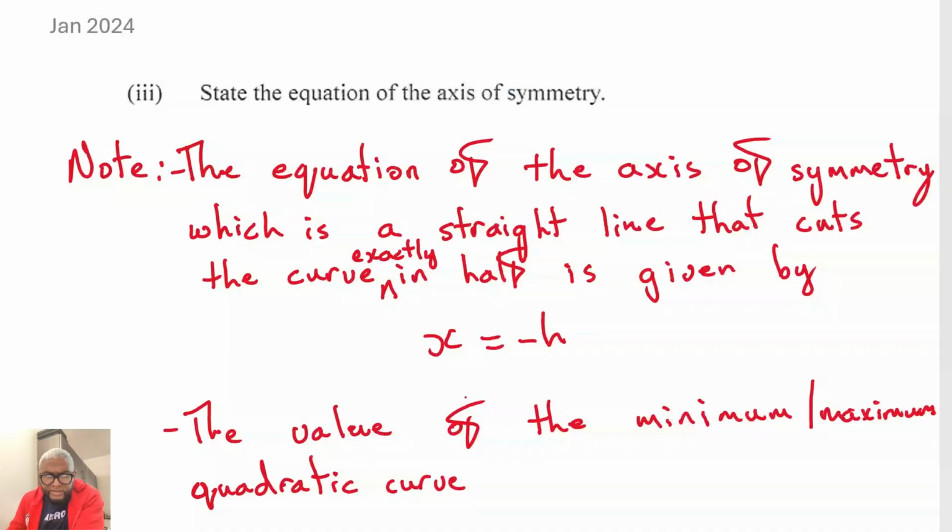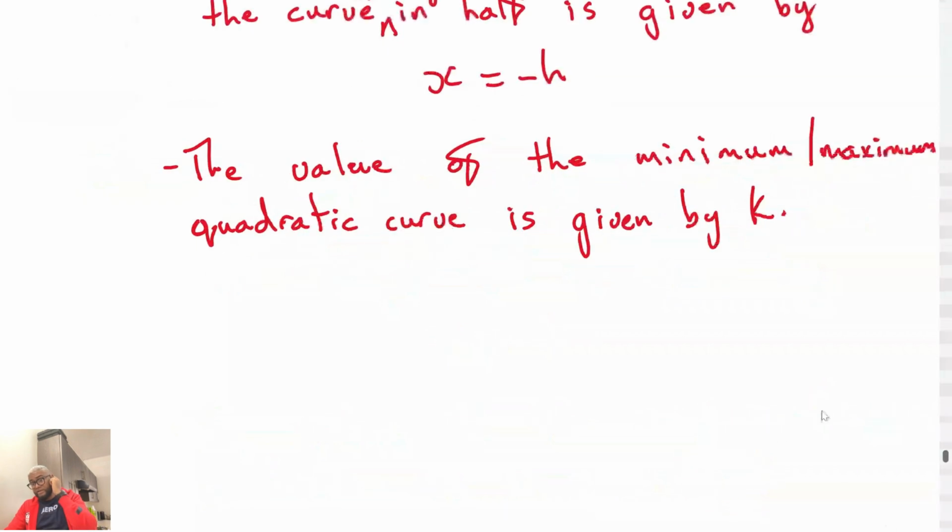The value of the minimum or maximum of a quadratic curve is given by k. So if they ask you for the value of the maximum or minimum point, it's given by that value.